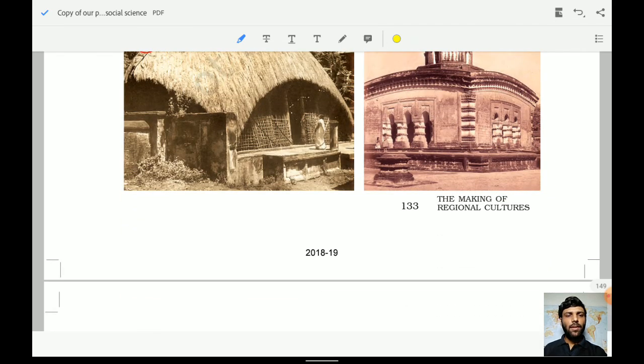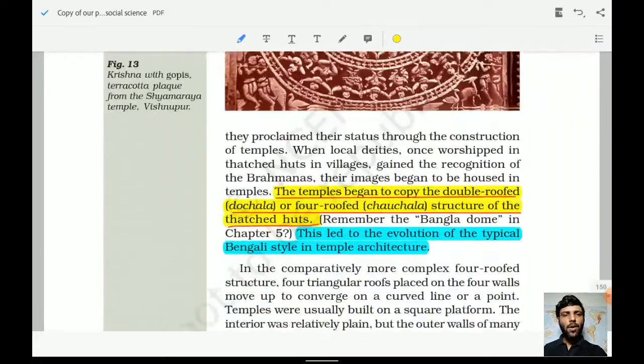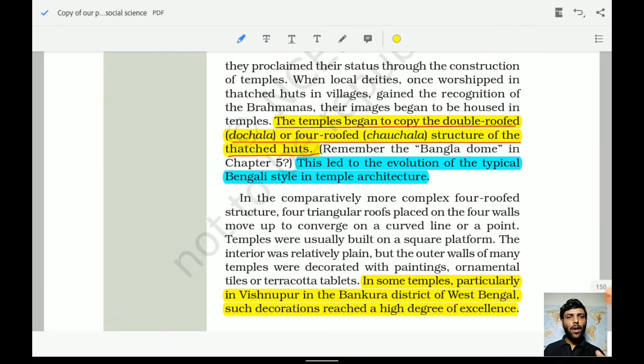So this is how one particular region influenced the central part of India. He introduced this architecture in the main buildings of Delhi and other subsequent places. So this led to the evolution of the typical Bengali style in temple architecture.